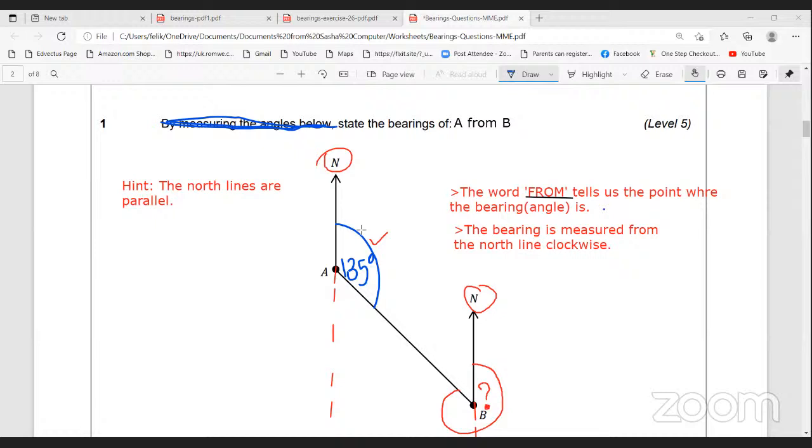Or without even rotating it, this line is parallel to this line. What do you know about these two angles on the inside?